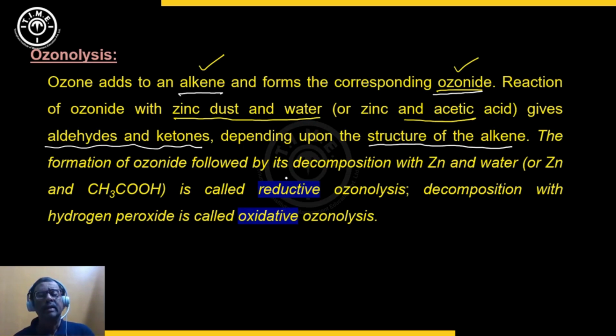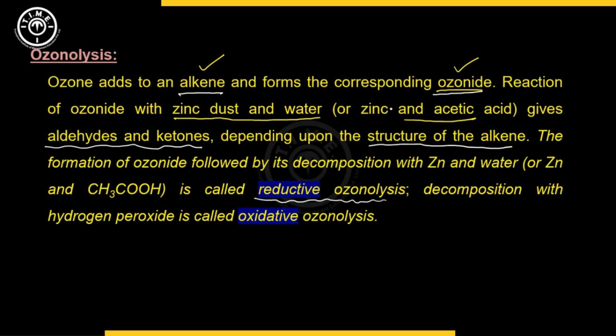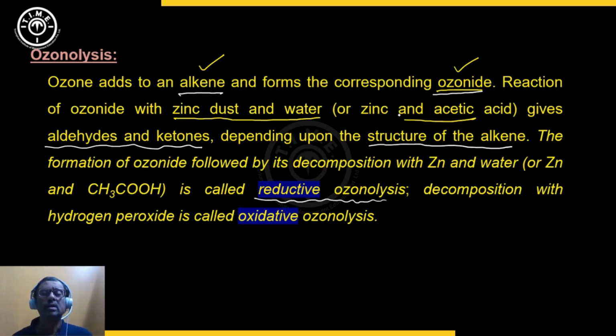That part is called reductive ozonolysis. When you have only these combinations, zinc or acetic acid and water or methyl sulfide, it is reductive ozonolysis. When you are using hydrogen peroxide, we will have oxidative ozonolysis. This part we are not going to take up in this session. Let it be clear there.